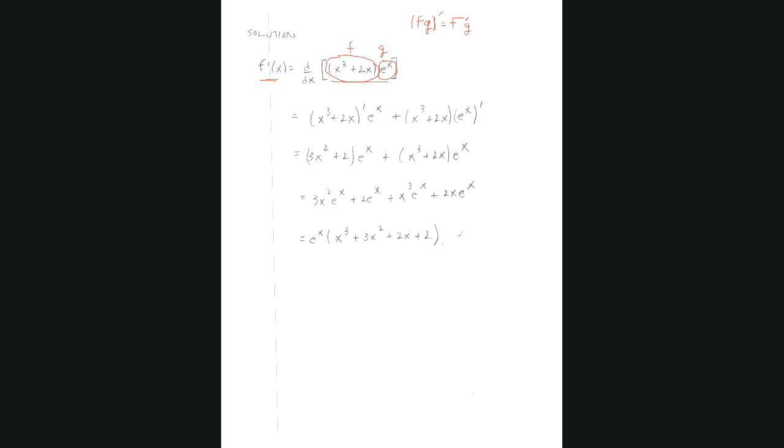The derivative of f times g, or fg prime, equals f prime g plus f g prime. We derived that rule.